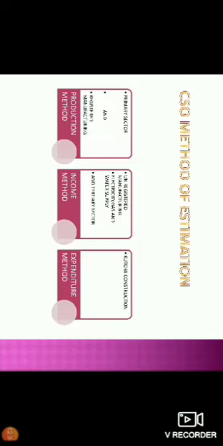And the expenditure method is only used for the measurement of kacha construction, which comes under the secondary sector. And these are all about the measurement of national income and methods of national income. Thank you.